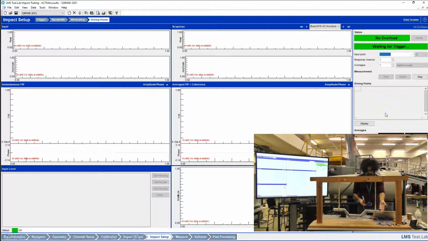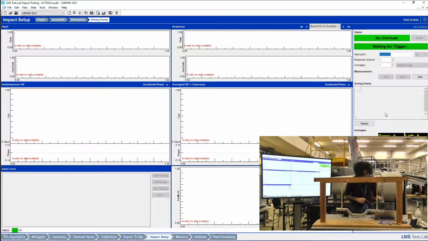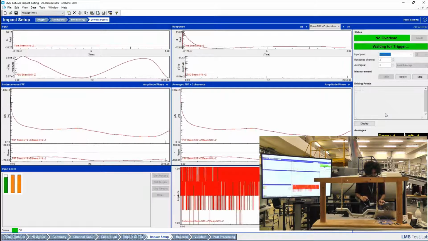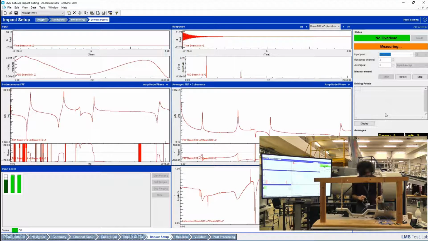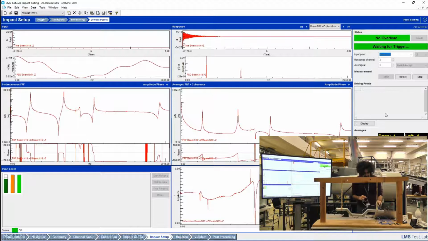So let's do this for 5 times. Okay. 1, 2, 3, 4, and 5.